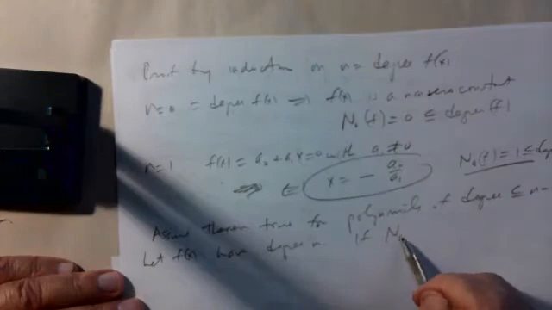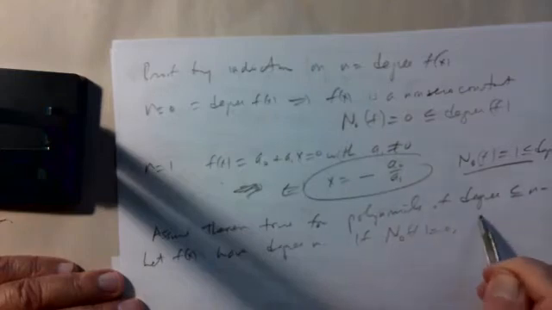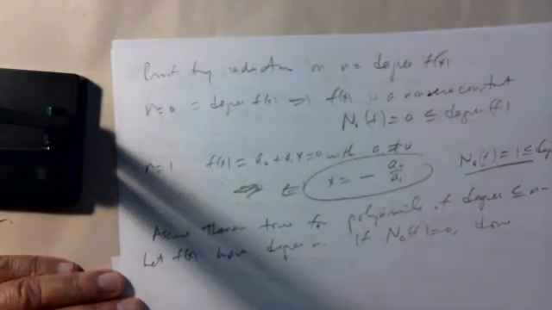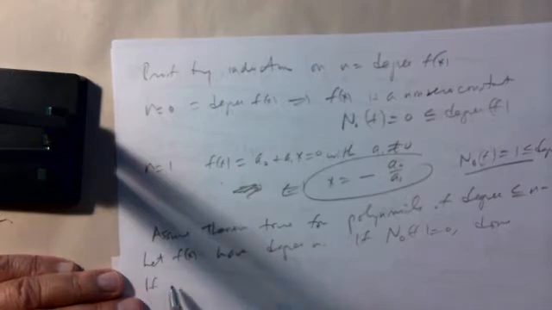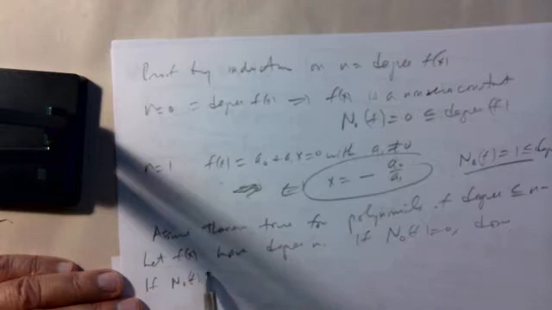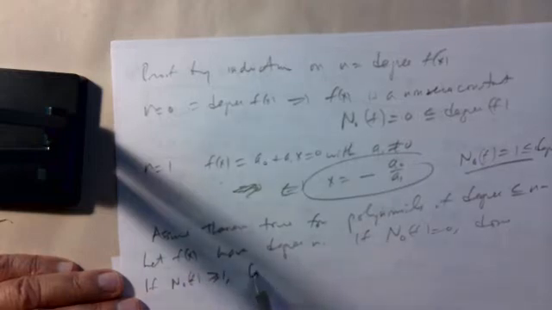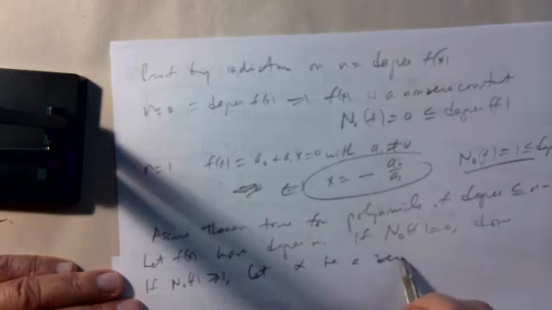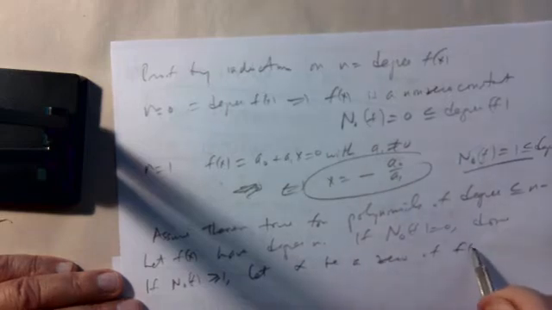If this polynomial has no zeros, we're done, because 0 is less than n. If n0 of f is at least 1, that means it has a zero, let alpha be a zero of f of x.